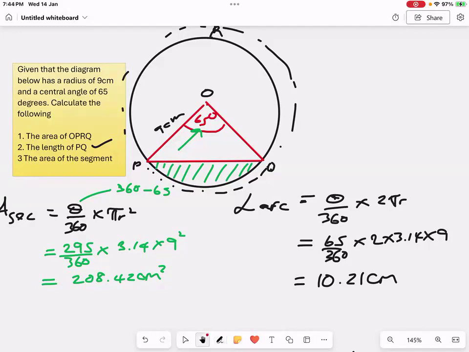Okay, sir, so for the major arc, you use theta over 360 times pi r squared, and for the minor... No, for the sector, we multiply by pi r squared. For the arc, we multiply by 2 pi r.